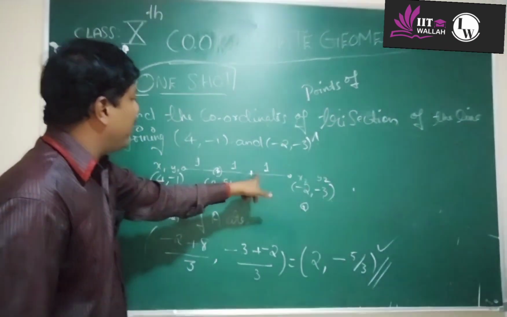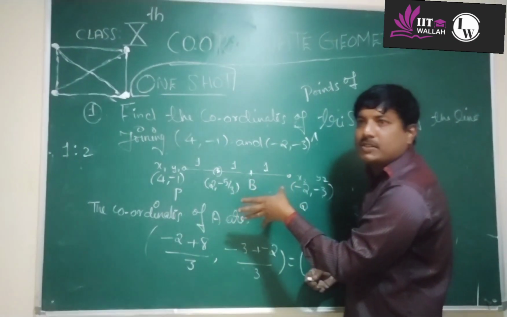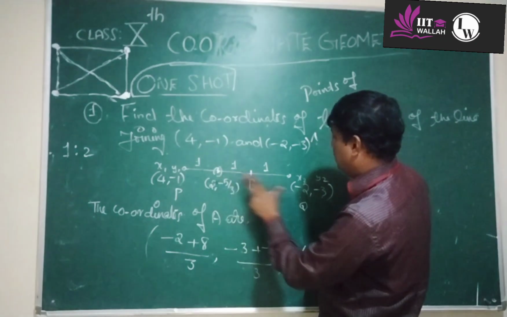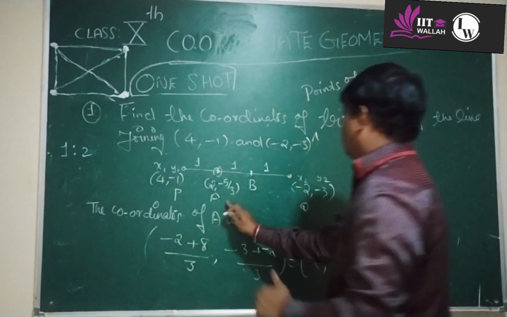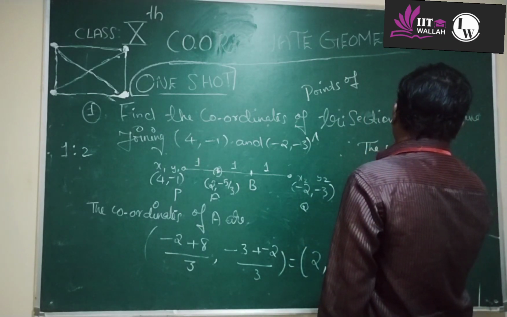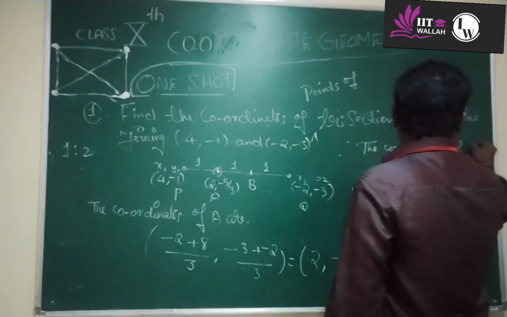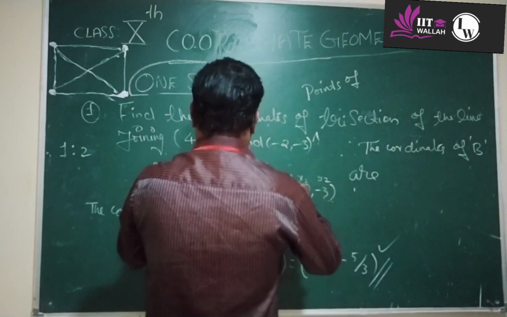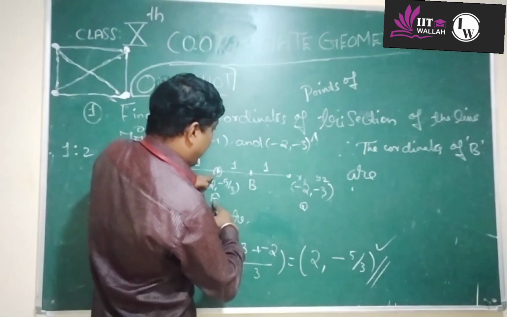And one more point remaining here. See, if you observe this figure, you can understand that this point B is half of this AQ. So the coordinates of B: this B is the half of AQ.